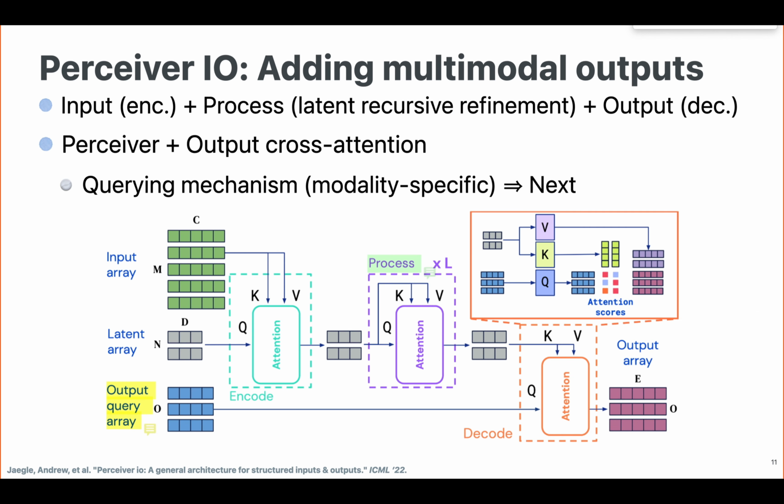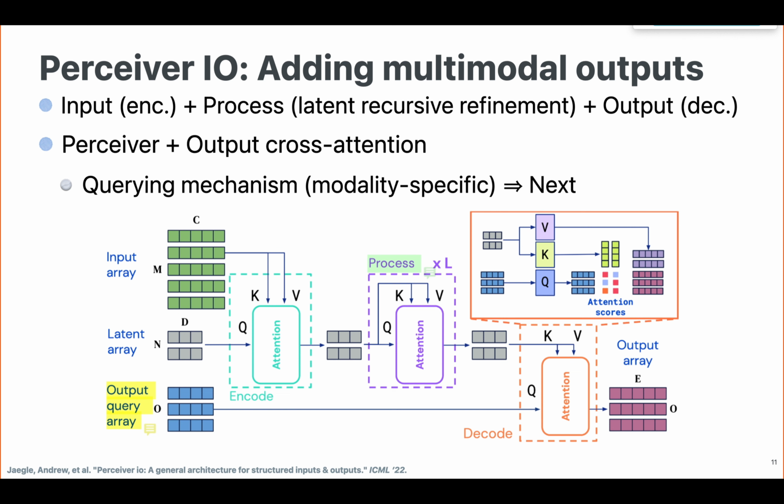So that brings us to the Perceiver I/O, which really adds multimodality outputs to the Perceiver architecture. If you mask out the bottom part, the output query part, the top part is basically the Perceiver architecture, right?